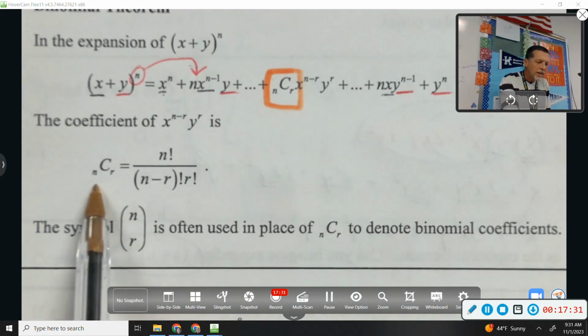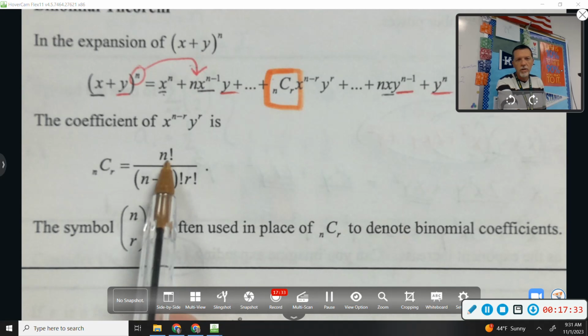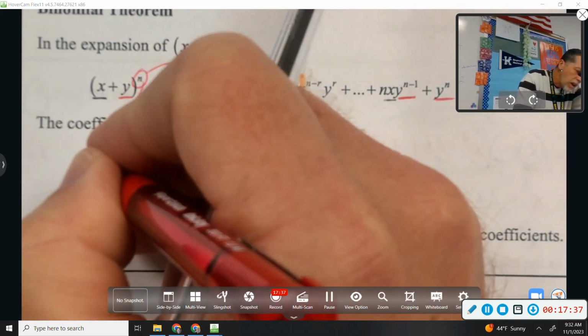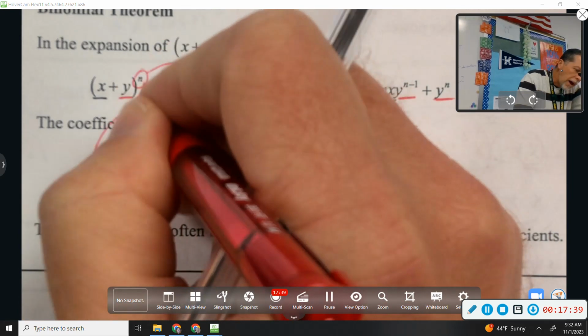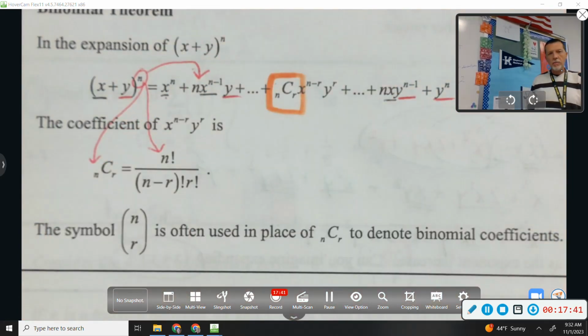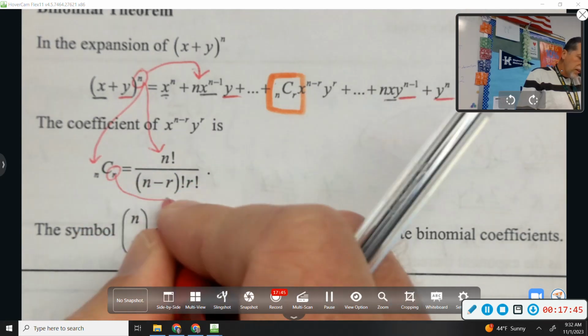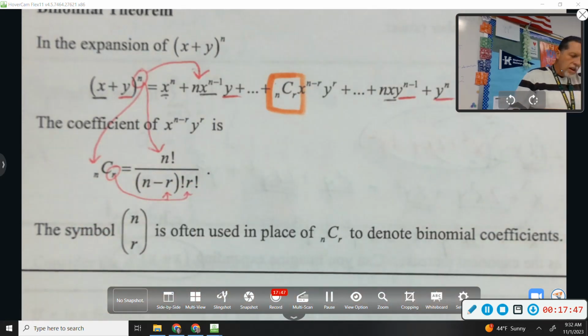The front number is n factorial, remember n being the power. So the power factorial is on the top. And then the bottom is n minus r factorial and r factorial.